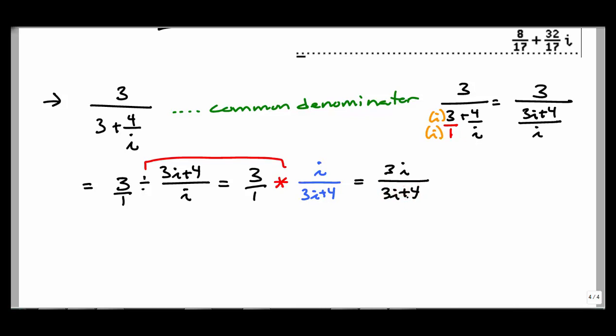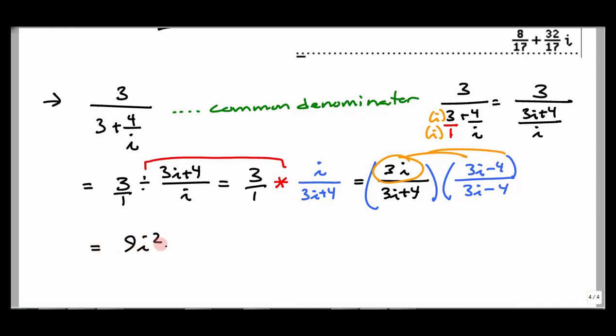Now we have to simplify this, and to simplify this we need to multiply by the conjugate. The conjugate of 3i plus 4 is 3i minus 4. From here, the 3i distributes. 3i times 3i is 9i squared, minus 12i.